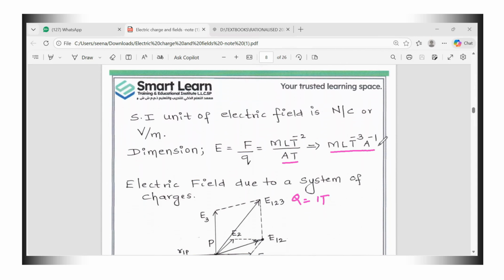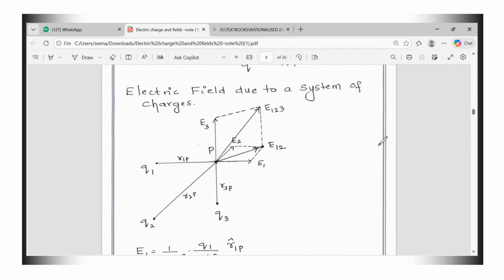Same as that of force, field also, vectorially, will get added up. So each time, wherever I need to find the electric field, I need to keep a test charge there. And we know that test charge is 1 Coulomb positive charge. If it is Q1, this test charge will be repelled. Q2 also repelled, E2.